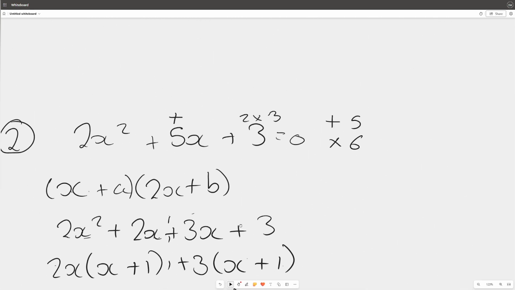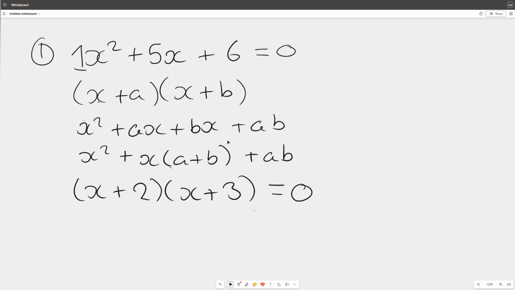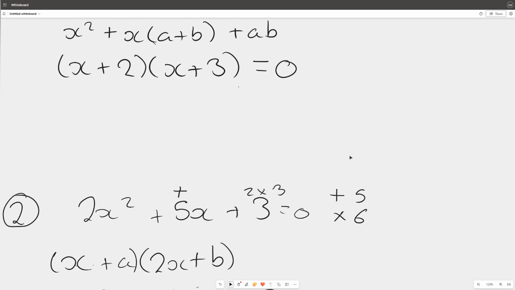Let's do a quick recap. We have number 1, 2 numbers that add to make the x term and multiply to get the term which is by itself. And you simply put those in brackets, and that is a correct factorization.